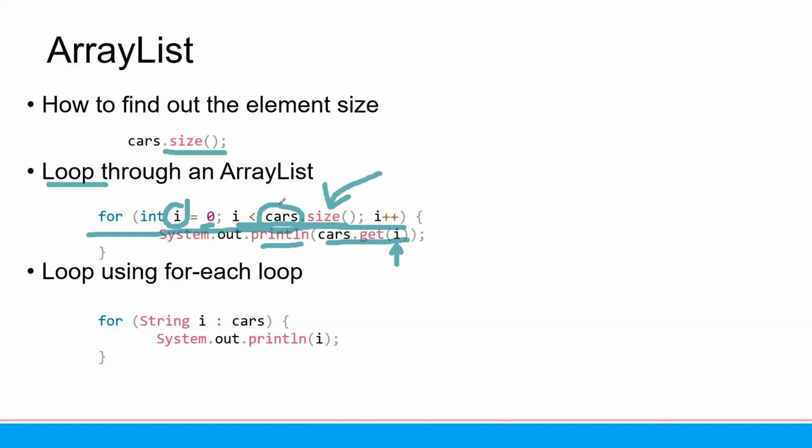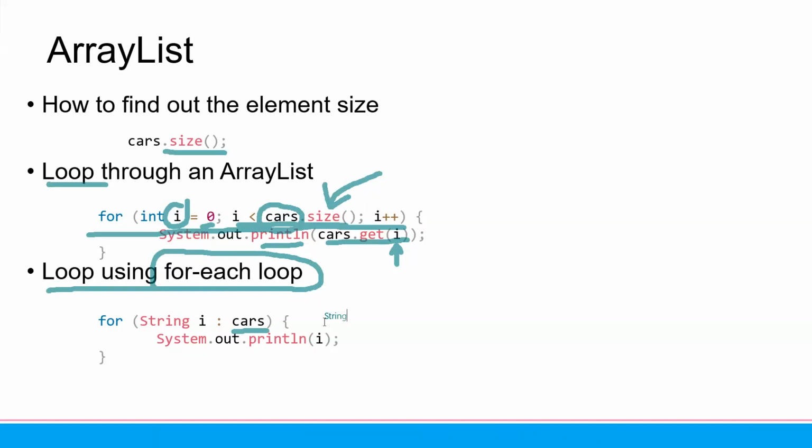And there is another for loop that I want to teach you, which is the for each loop. What is a for each loop? I know that cars is an array list and the data type is string.